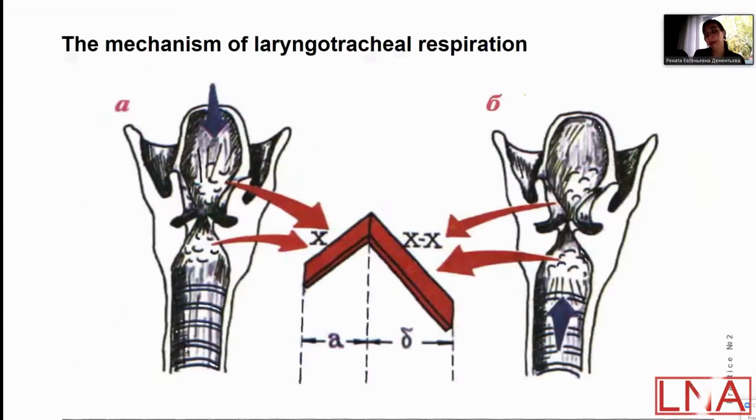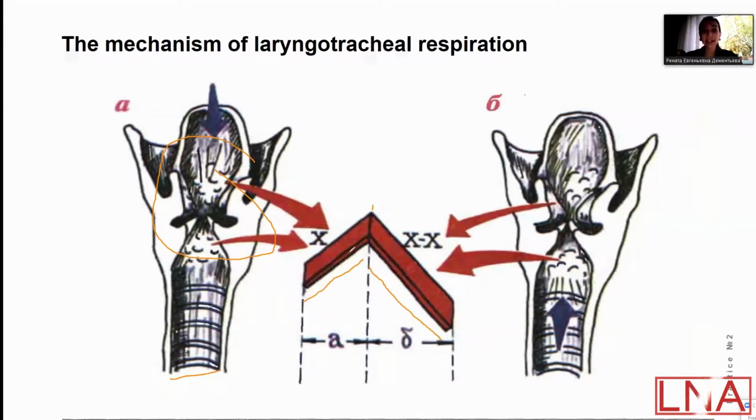And look at this picture about the mechanism of formation of laryngotracheal breathing. So it's the larynx, yes, and the upper part of the trachea. It's the place for formation of laryngotracheal breathing. And look at the graphic of the breathing. It's the phase of inspiration. After this point, the phase of expiration.